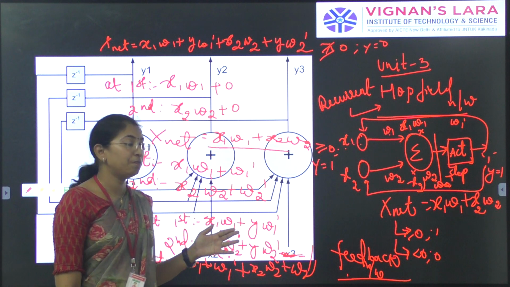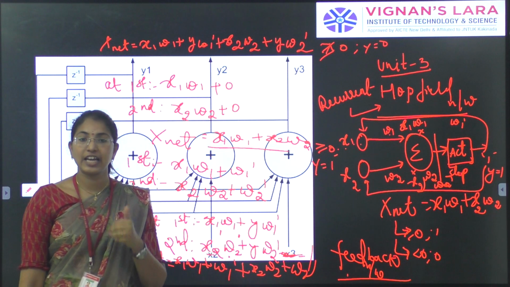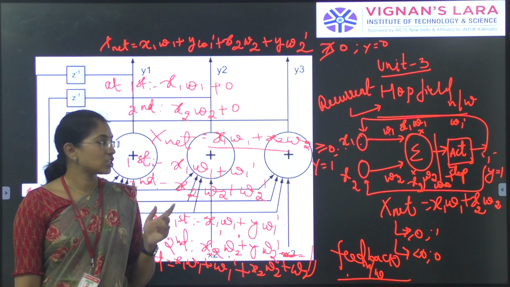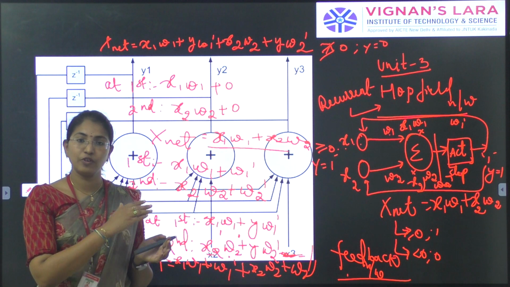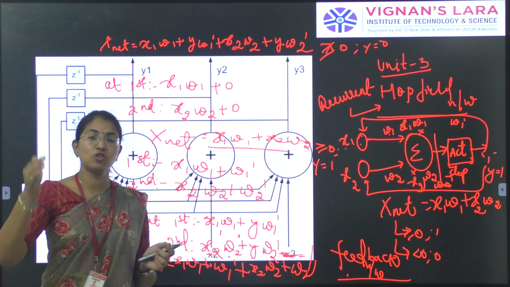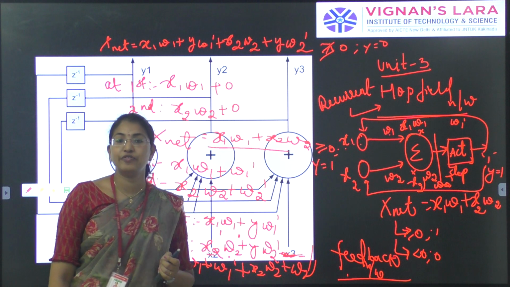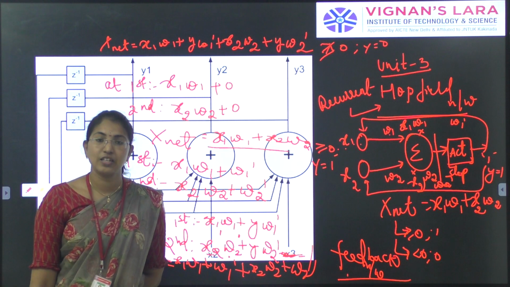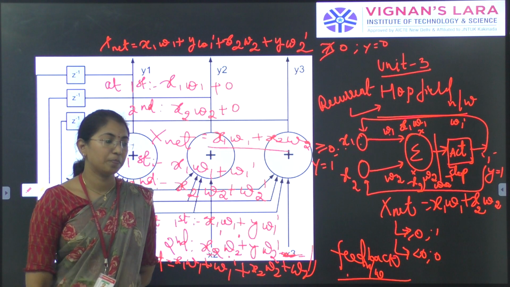So here, this is called a recurrent network or feedback network. It is a combination of feed forward operation plus feedback operation.